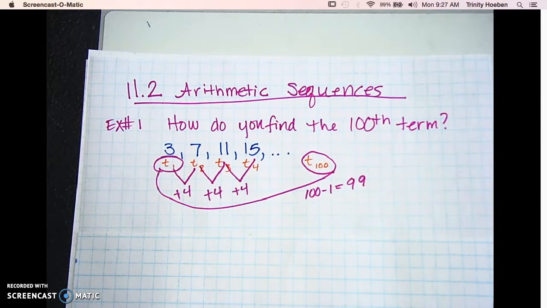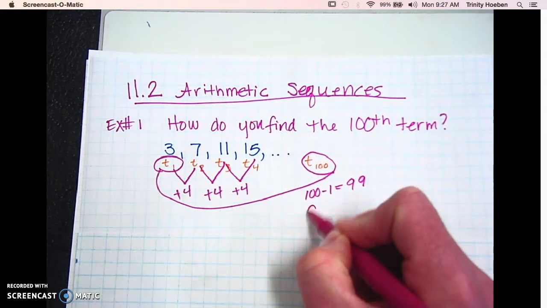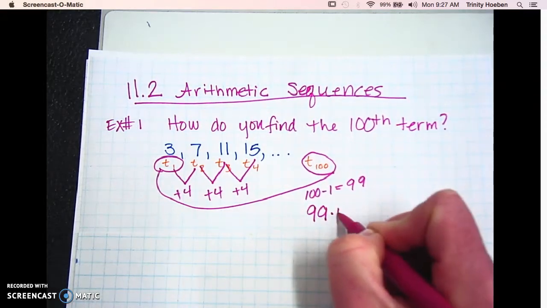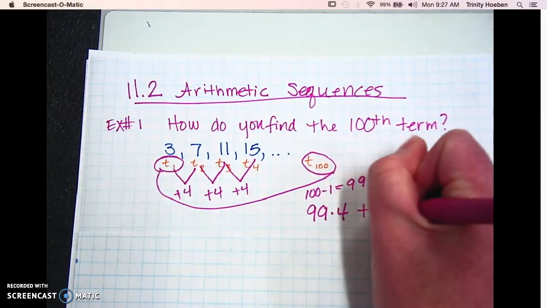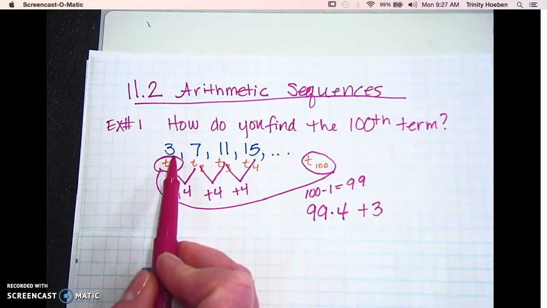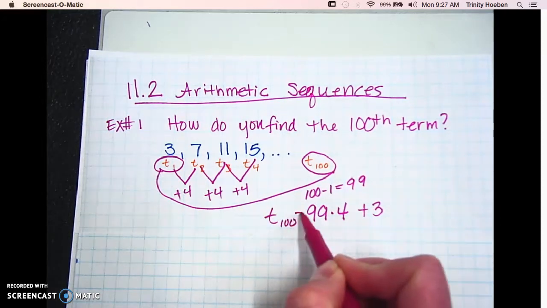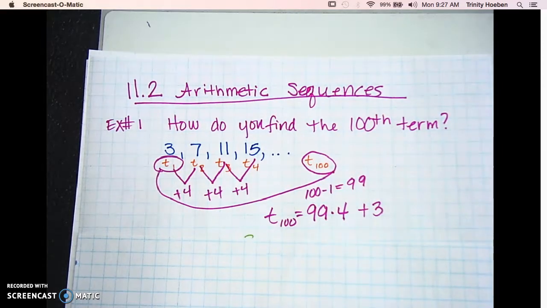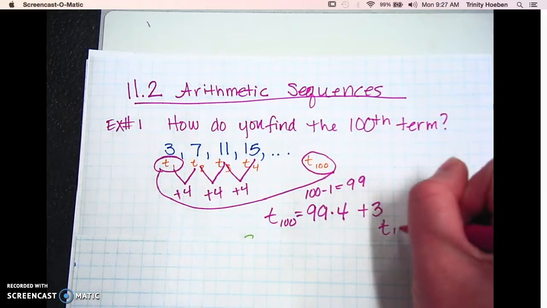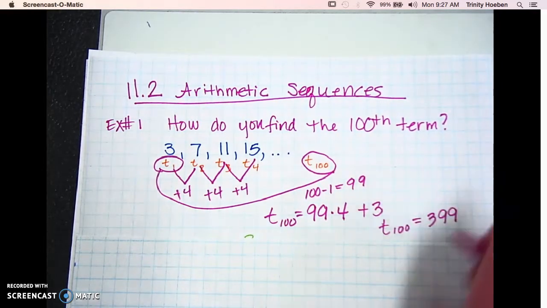So we're not actually adding 4 here, you would say 99 times 4, and then you would add the 3, which is the first term that you started with. So to get the 100th term, take your calculator, multiply 99 times 4, and then add 3. The 100th term is going to be 399.